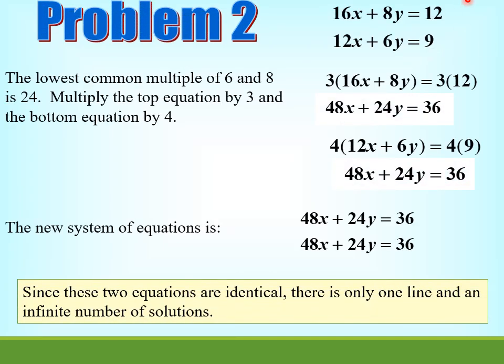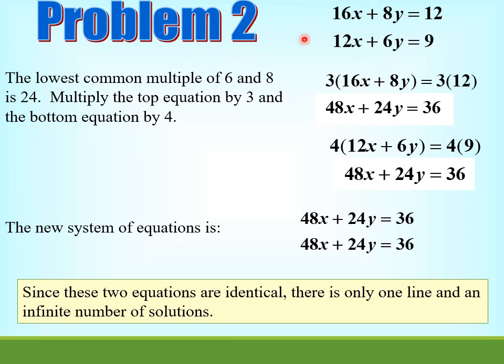So this is also problem number 2, okay? Problem number 2 has multiples of 6 and 8. So you have 6 here and 8 here, but these are large numbers. The lowest common multiple of 6 and 8 is 24. So multiply the top equation by 3 and the bottom equation by 4.